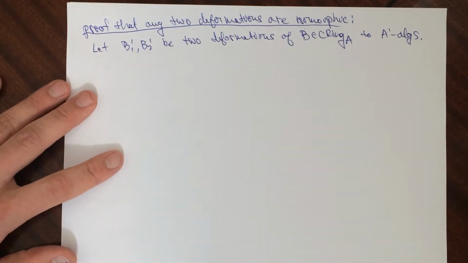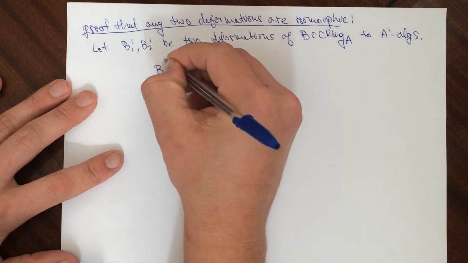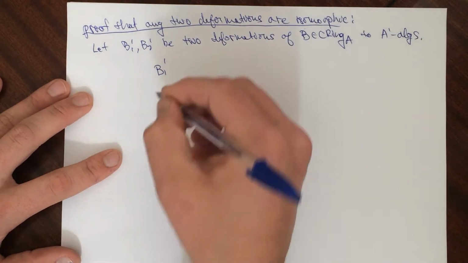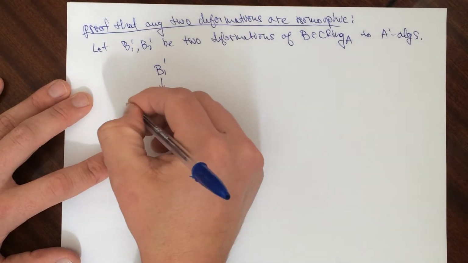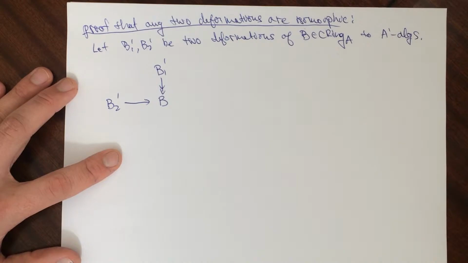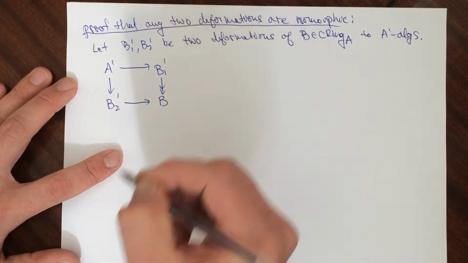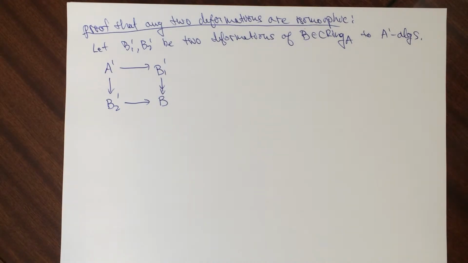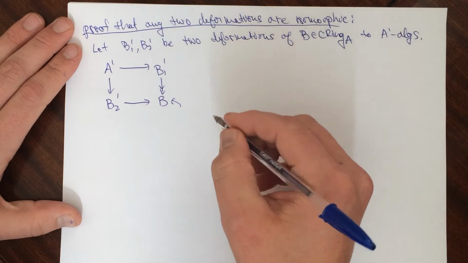Okay, so here let's take B1. This has a surjective map here, and B2 also has a surjective map here. They're also both A prime algebras. Notice that this thing here is a square zero extension.